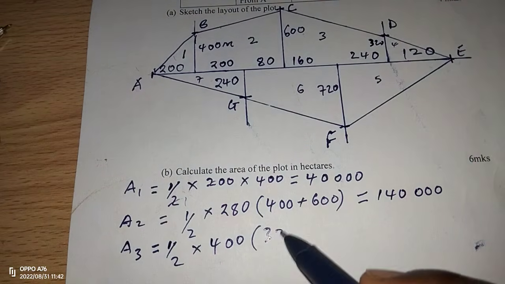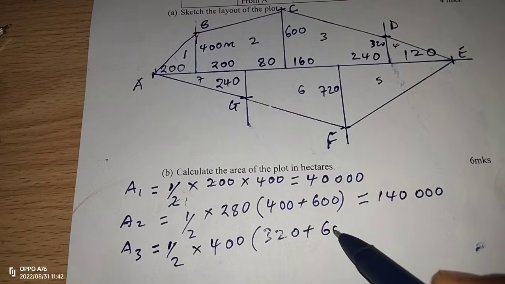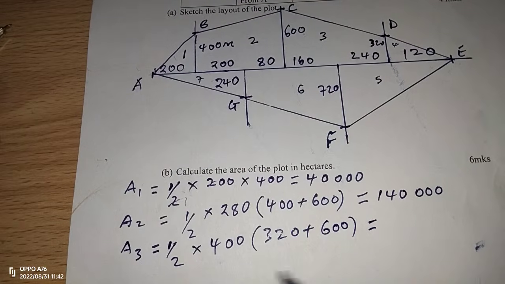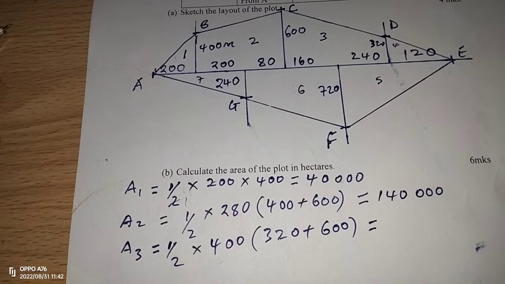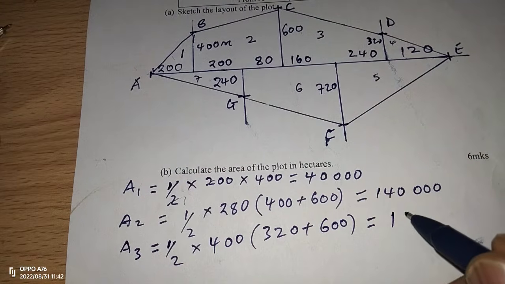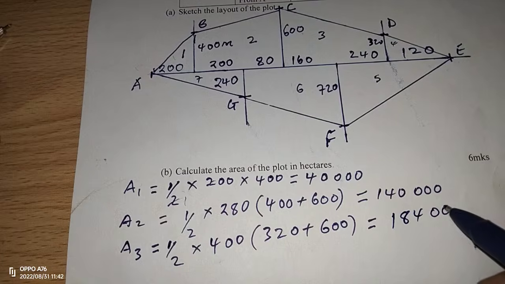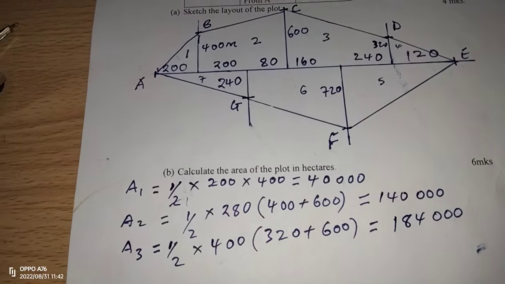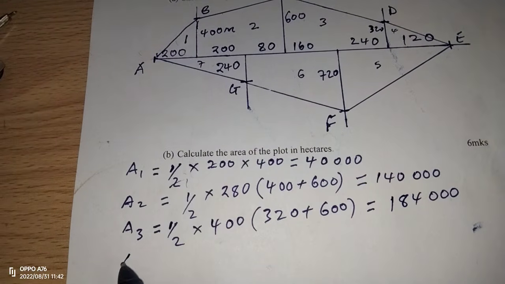So we have 320 and 600. This is going to give us 200 when we divide by 2. Then 320 plus 600. Now we multiply with the 200. This is going to give 184,000 square meters.